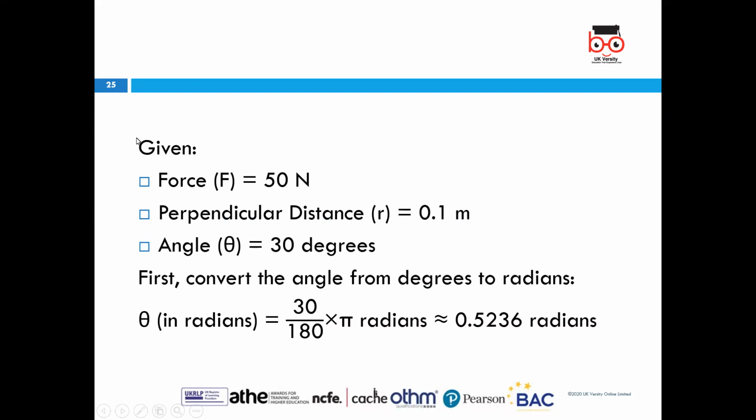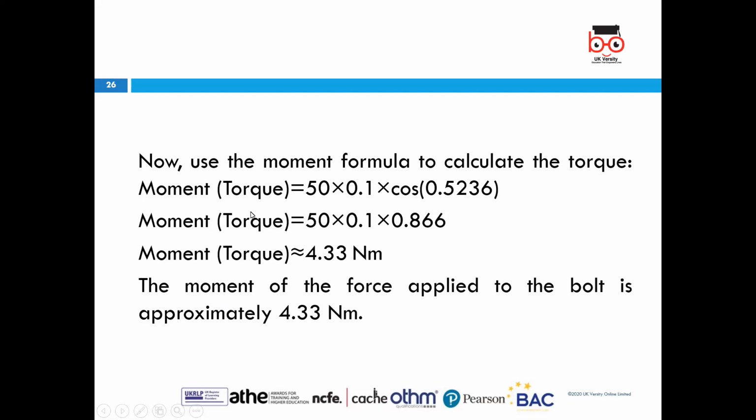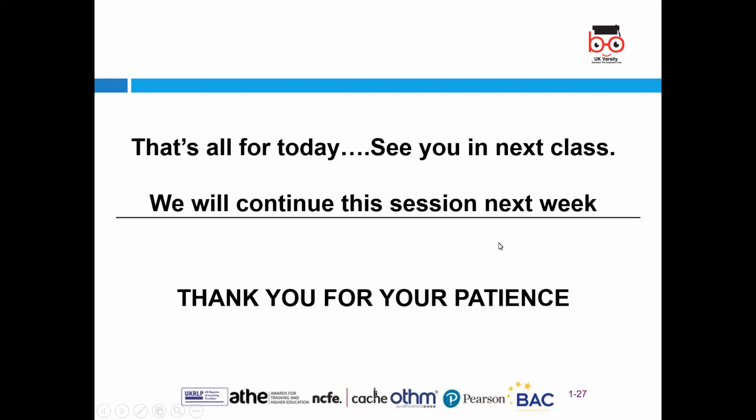First of all, you write down the given data, what is provided to you. Then you work out the conversions. For example, theta in radians is equal to this, and then moment torque is equal to 50 times 0.1 times so and so. The moment of force applied to the bolt is approximately 4.33 Newton meters. So this is how you get the torque for the problem.